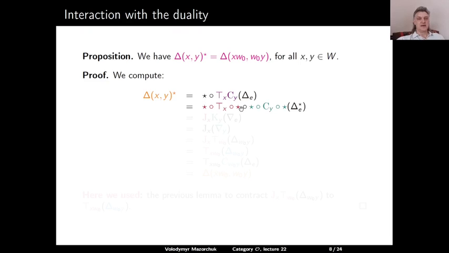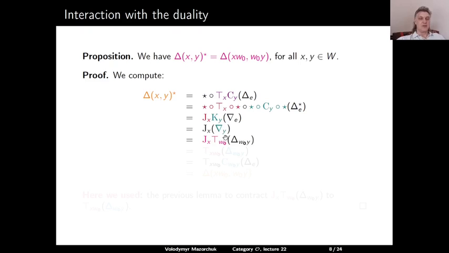So we insert the square of the duality between the twisting and shuffling and between the shuffling and the module. So we get duality T_x duality, duality C_y duality, and then the dual of delta e. So we know that duality T_x duality is J_x, and duality C_y duality is K_y, and the dual of delta e is nabla e. We know that K_y of nabla e is nabla y.